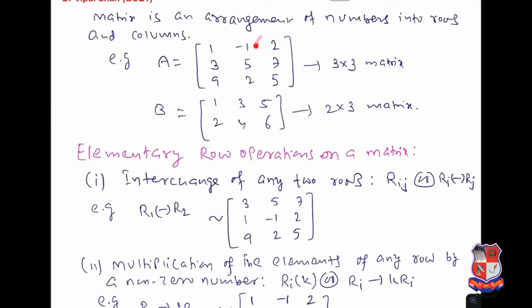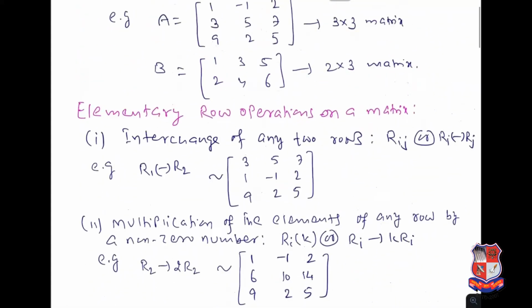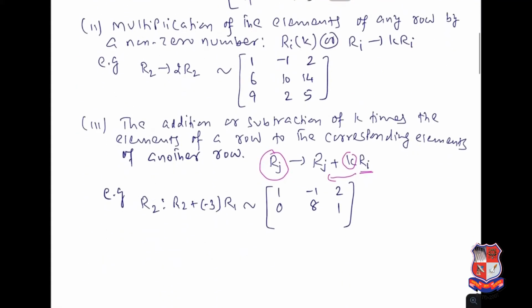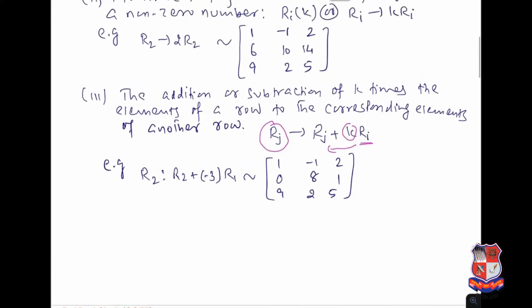Then multiply with minus 3 here, so that is minus 6 plus 7, so that is 1, and no change in the third row, 9, 2, 5. So these are the elementary row operations of a matrix. If I write C instead of R, then they are the elementary operations in a column.